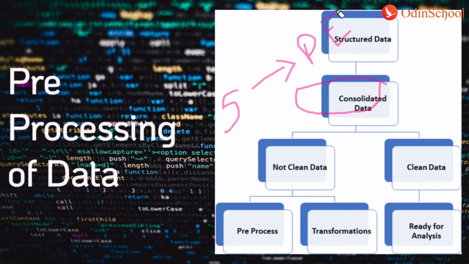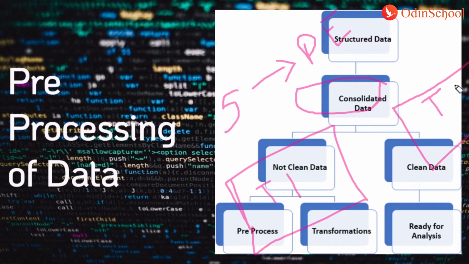Let me tell you what a join is. We have two tables, and this is one of the critical things we will be working on. We have been talking about how we consolidate the data, but how do we combine these tables?